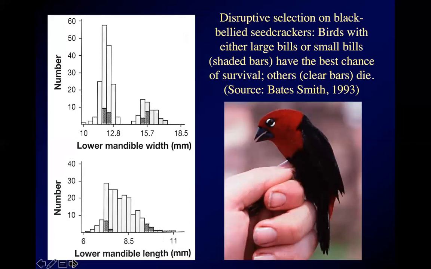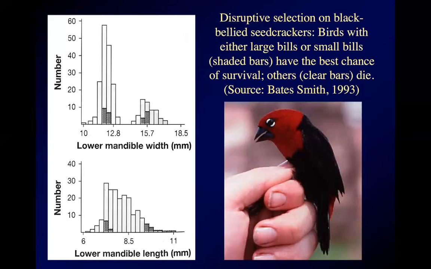It's not perfectly a bell curve, but you can see that there were few birds with a very short mandible, few birds with a very long mandible, and most are kind of in the middle. But the survivors, with those gray bars down here, tended to be the ones with either fairly small mandibles or the ones with the largest mandibles, not the ones in between.